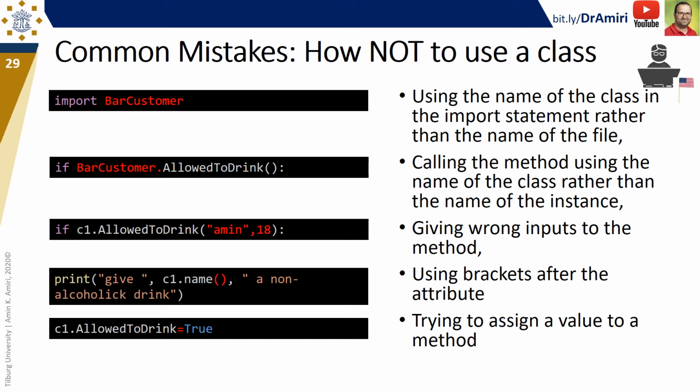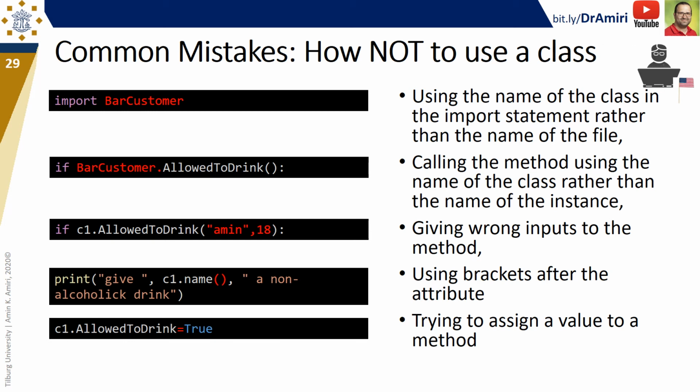So here, BarCustomer is wrong to be put here, because allowed_to_drink requires an attribute. But what is the value of that attribute, age, here? A class doesn't have any values, it's just a blueprint. It doesn't have any state at this stage.